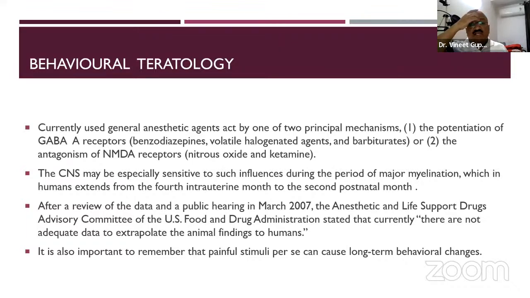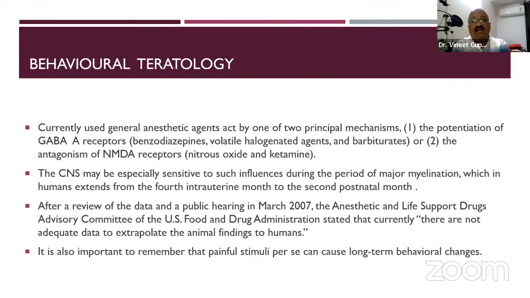CNS may be specifically sensitive to such influences during the period of major myelination, which in humans extends from the 4th intrauterine month to the 2nd postnatal month. So again, emphasis is on the 2nd postnatal month, CNS. CNS is very, very important because that is the only system which in fact is affected even postnatally.